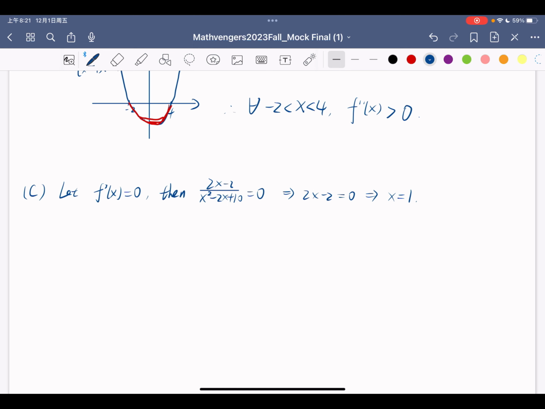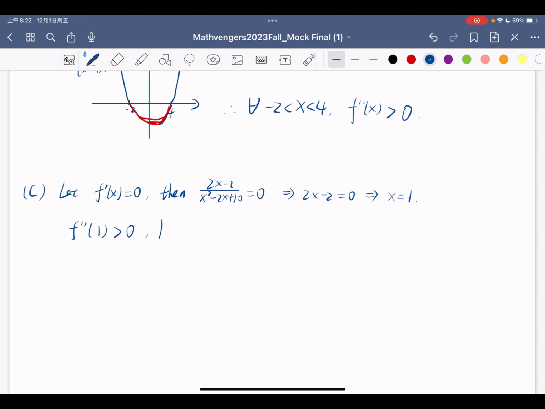We just have one critical point, but is this a local minimum or maximum? We need to use the second derivative: let x equal 1 and put 1 into the second derivative. We can compute that the second derivative is greater than 0.